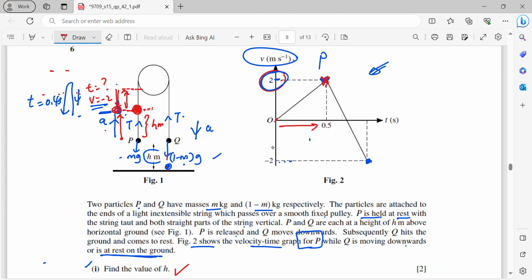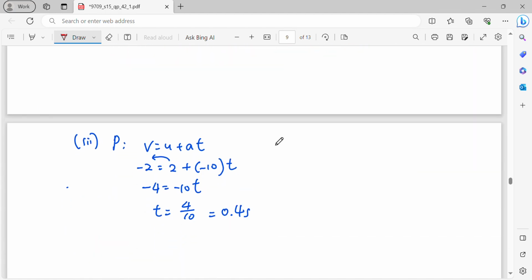So from P, the initial position, up to the H meters, the time is 0.5 seconds. It's given in the graph. Now I have found the time equals 0.4. So the whole process, I just add up these two times. My total time will be 0.5 seconds plus 0.4 seconds, which ends up with 0.9 seconds. So that's the solution of part 3.